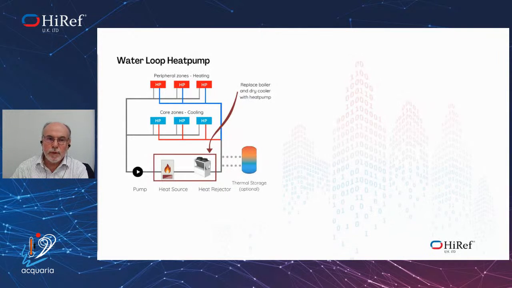Now, as I was saying, in the past, the water loop had a heat source, which is normally a boiler, and some form of rejection. But what you're doing is replacing the boiler, which was normally operating at 60 or 70 degrees, with a heat pump.